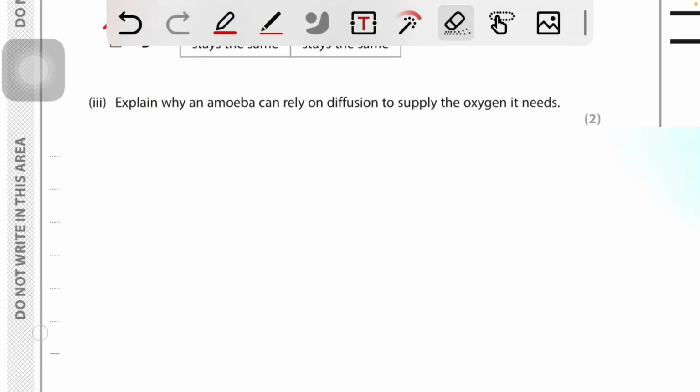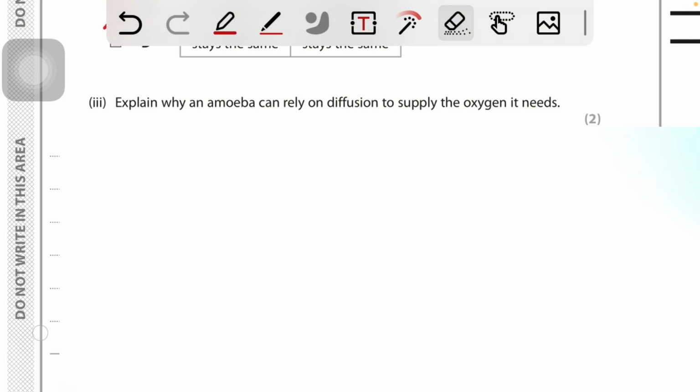Explain why an amoeba can rely on diffusion to supply the oxygen it needs. So we need to first understand why amoeba can fulfill its oxygen demand through diffusion only. It's because amoeba is a small organism. Its energy demand is not as high as we humans.